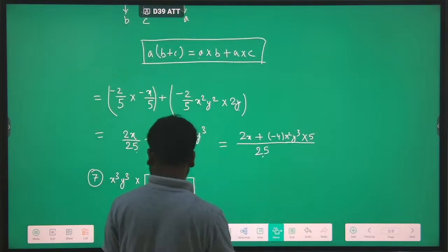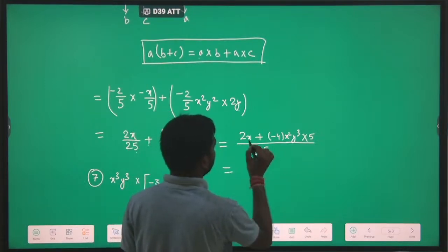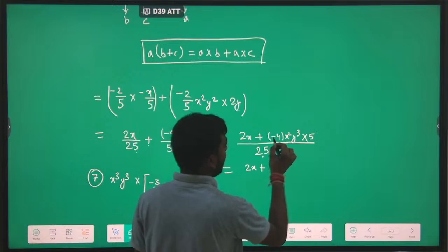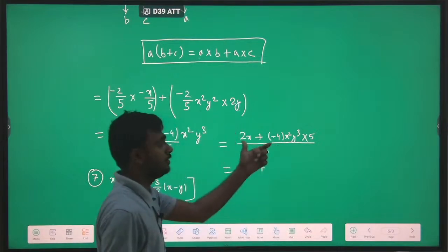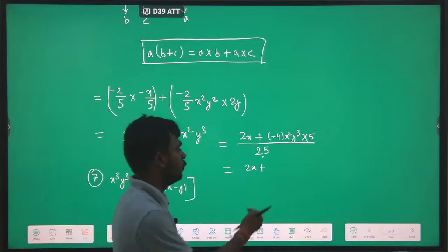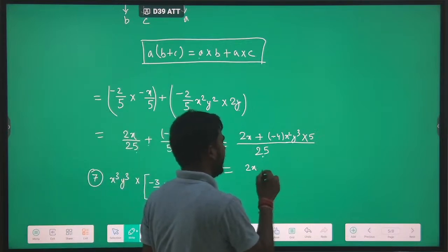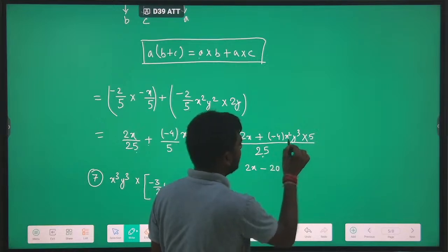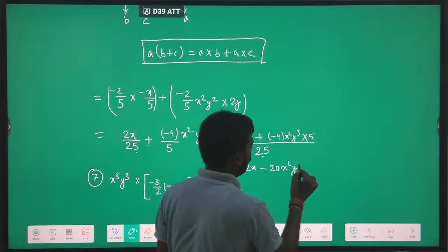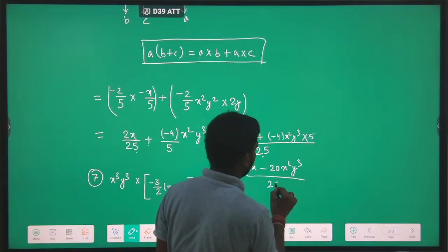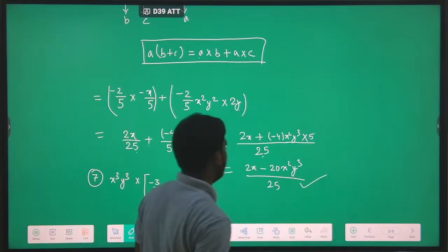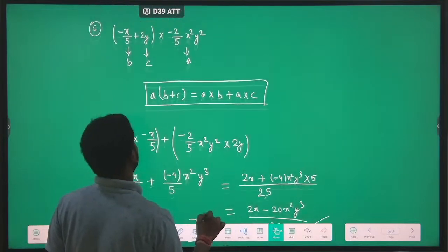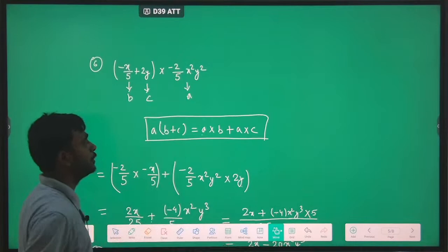We will get 2x plus, so this minus and this plus when multiplied with each other, overall it will be a minus. 4 into 5 will be 20, x square y cube whole divided by 25. So this expression will be the solution of our first question, the 6th number question.